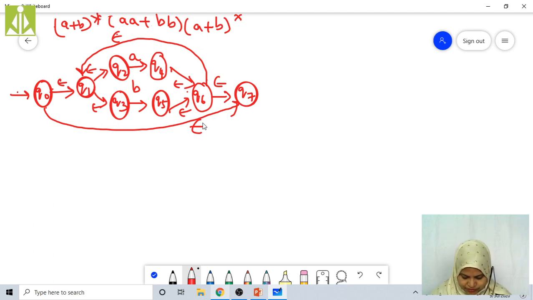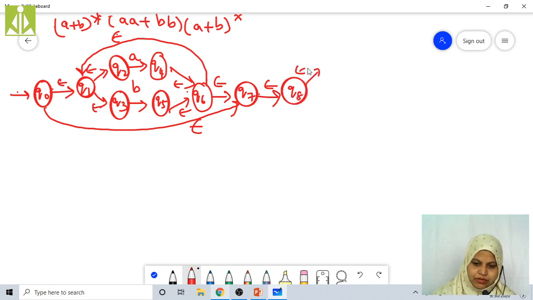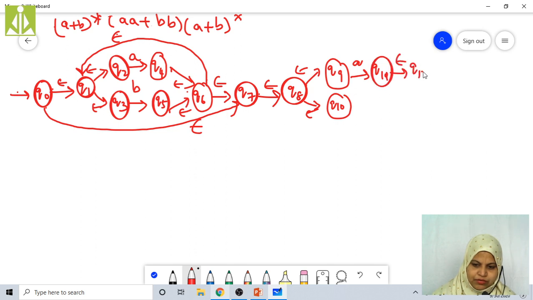Next you have to move to this one, a plus bb, epsilon q8, again epsilon q9, q10 a, q11 epsilon q12 a q13, right?